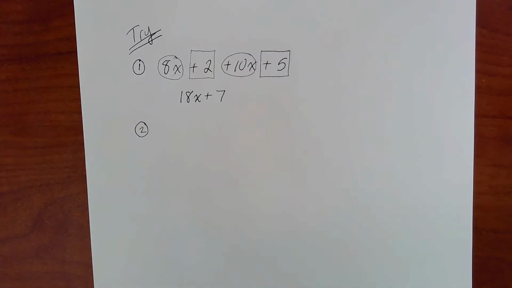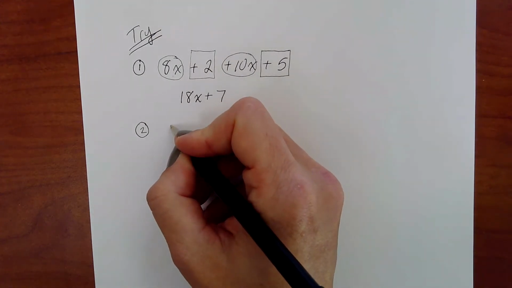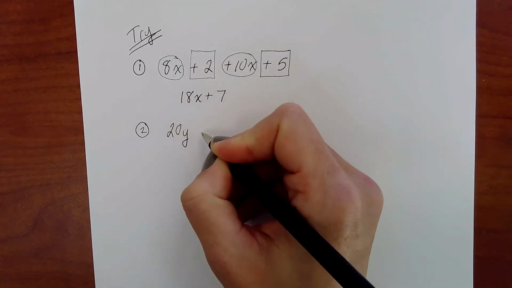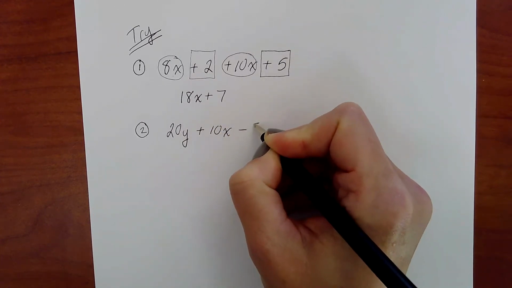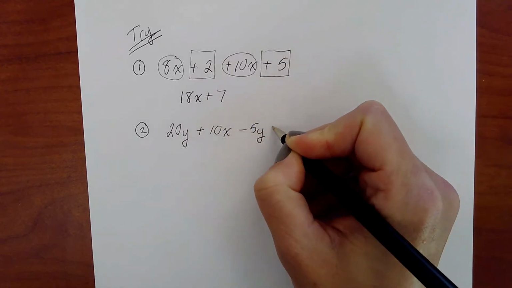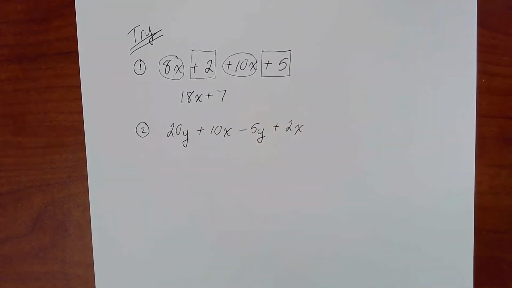Okie doke. Now let's try one with a minus. What do I mean here? So this could be 20y plus 10x minus 5y plus 2x. All right, I'm going to start with the x's here.